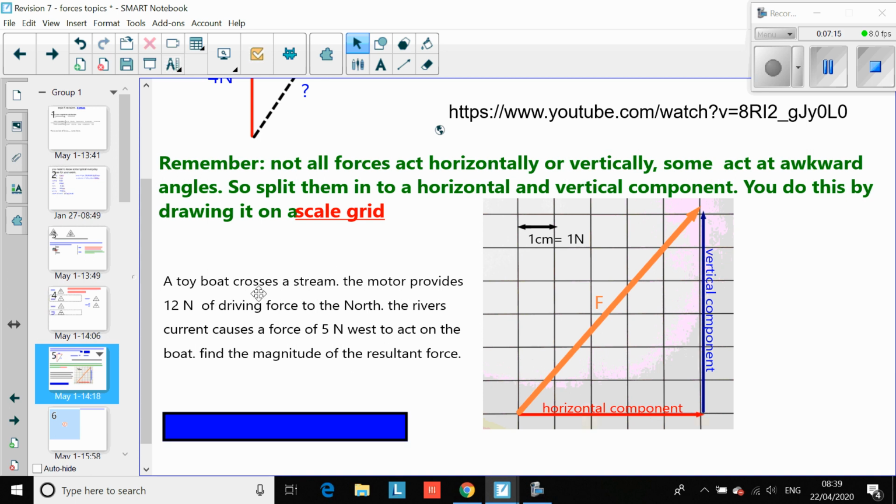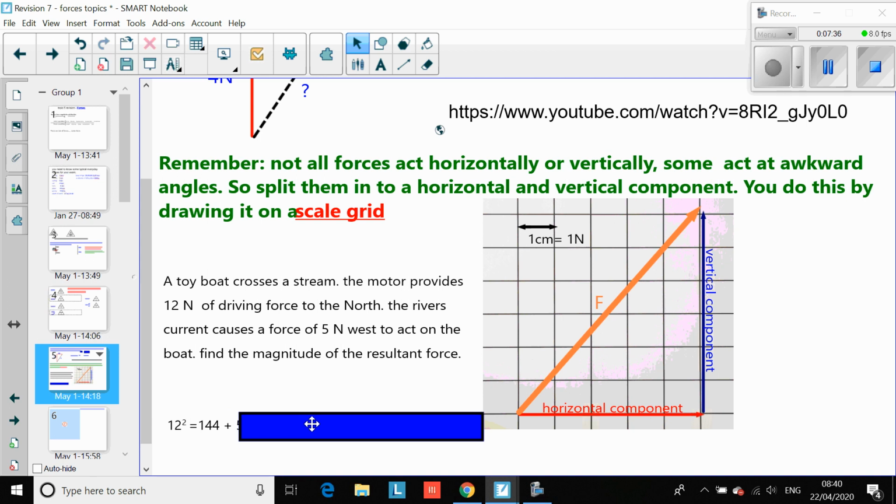A toy boat crosses a stream. The motor provides 12 newtons of driving force to the north. Okay, so 12 newtons going that direction. The current causes a force of 5 newtons to the west, that direction. Find the magnitude of the resultant force. So 12 squared equals 144.